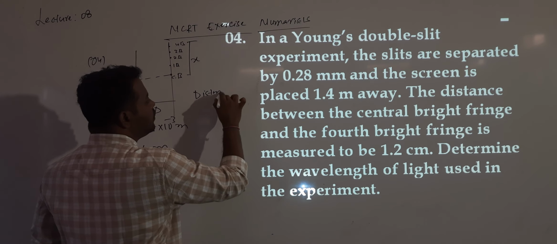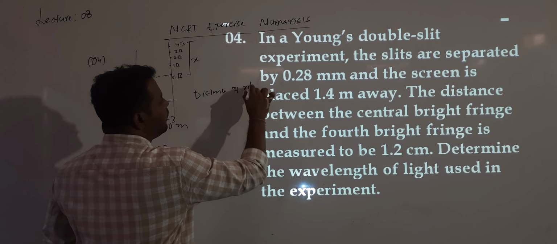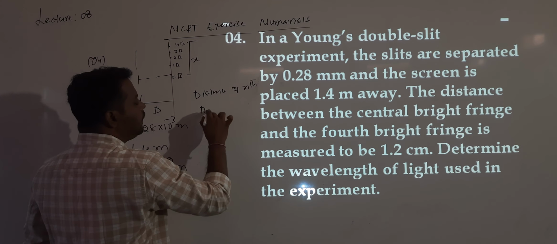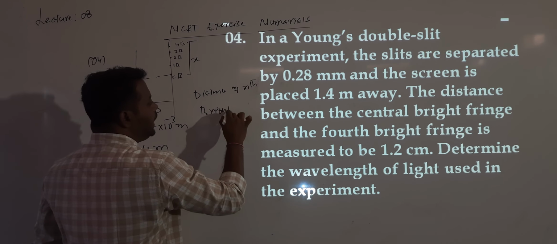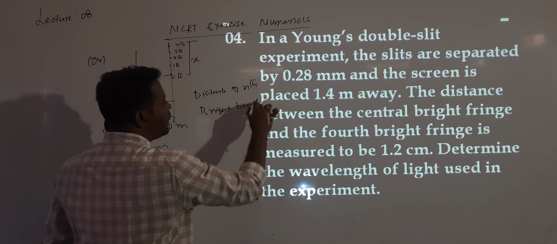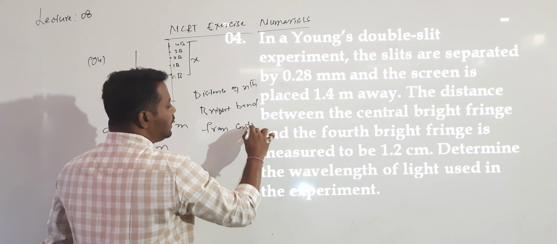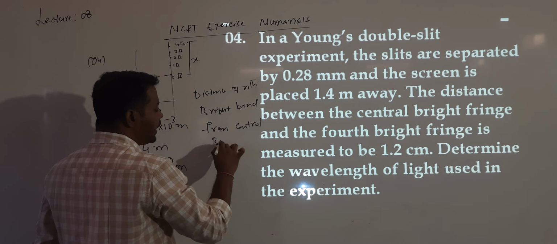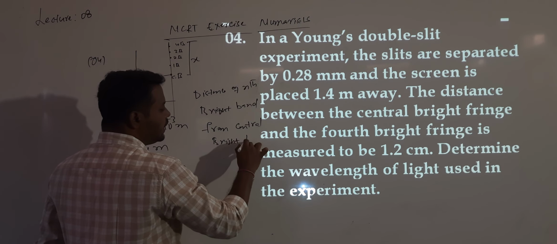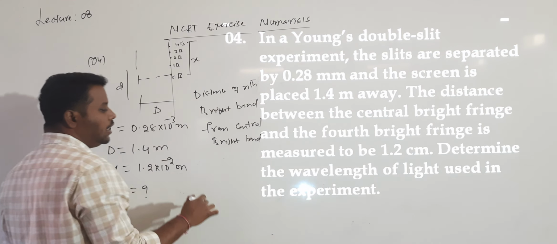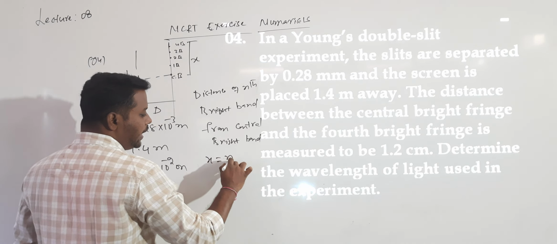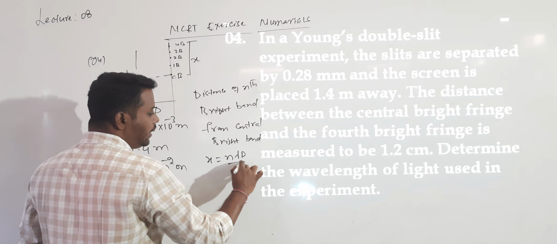So the distance of the nth bright band from the central bright band, what formula? x is equal to n into lambda into capital D divided by small d.